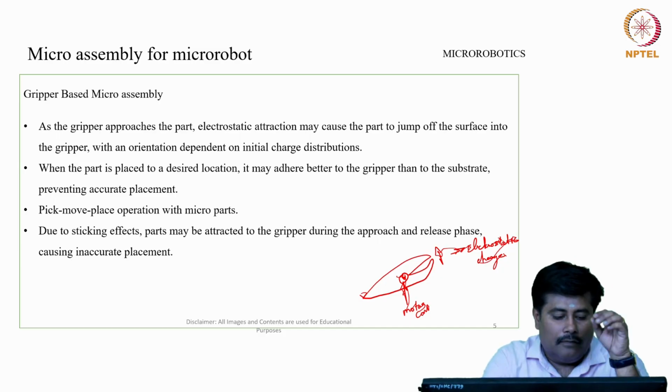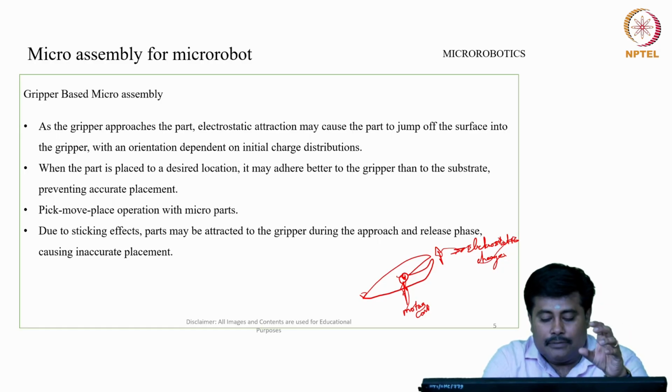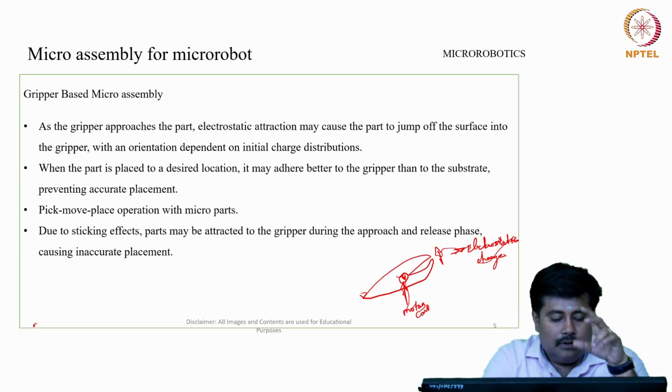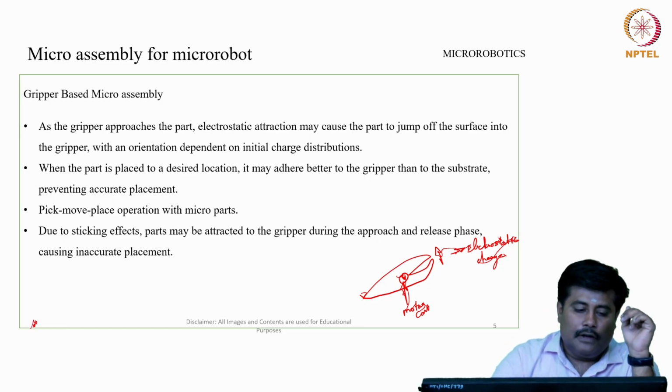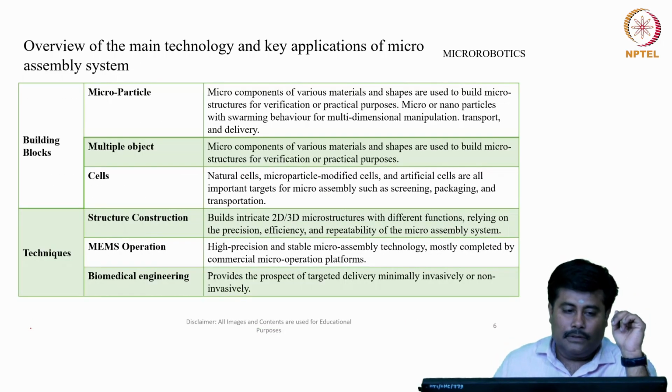It is a pick, move, place operation with micro parts, and due to the sticking effect, parts may be attracted to the gripper during the approach and release phase, causing an inaccurate placement. This is one of the major impacts with reference to gripping and micro assemblies.